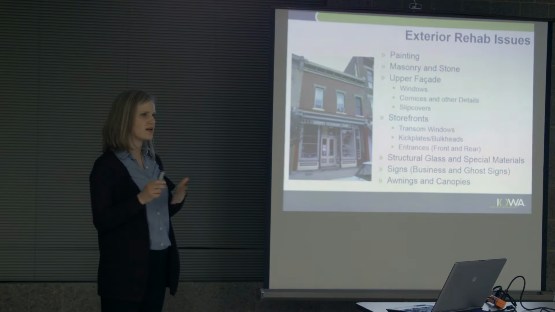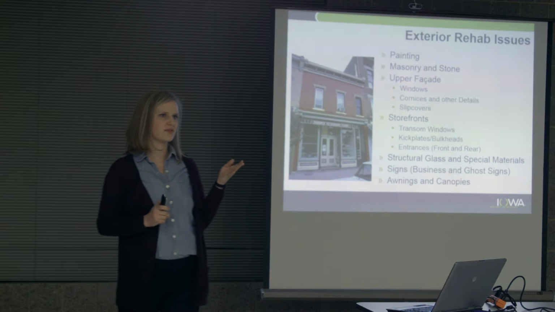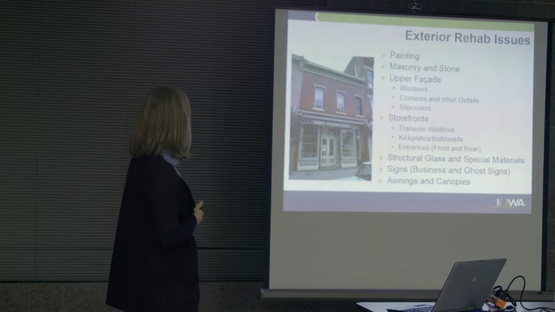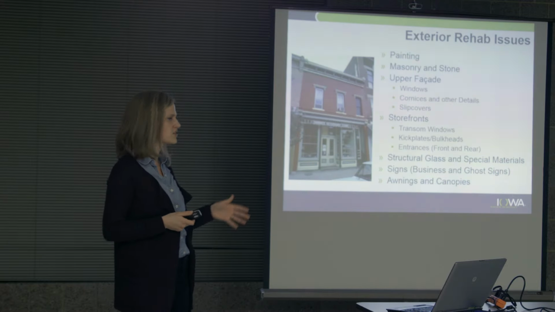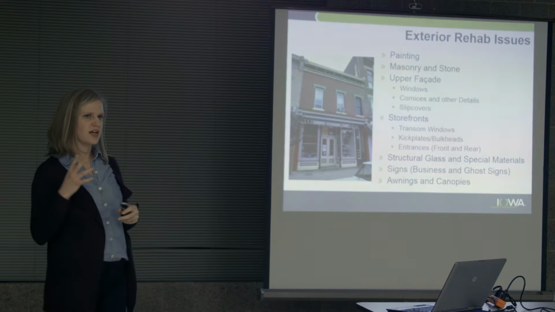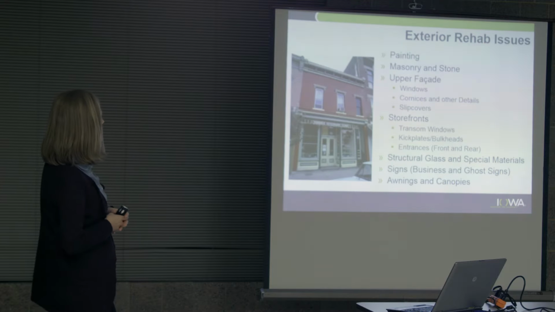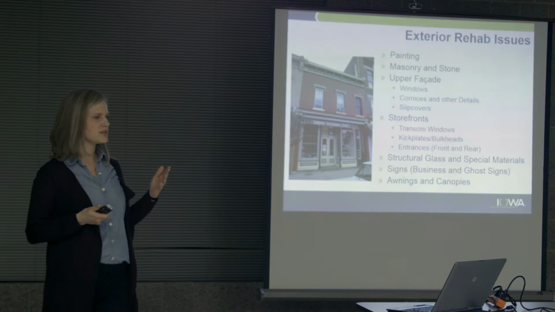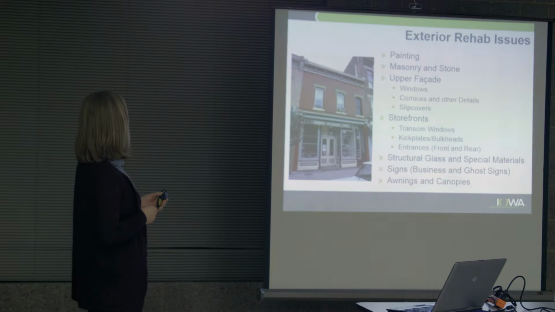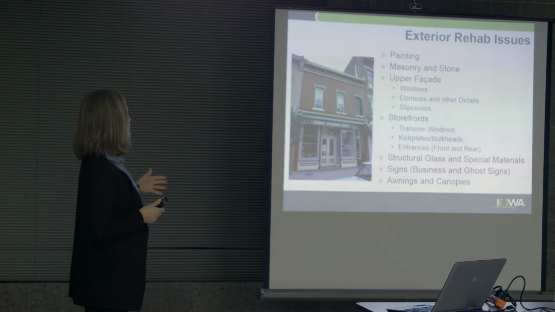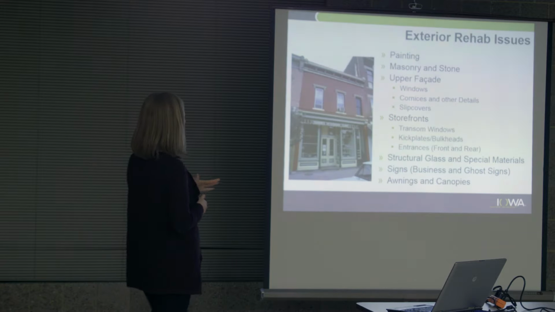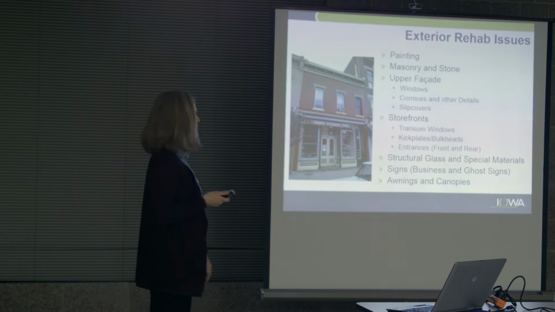We've talked about how maintenance is foremost for your buildings and keeping that up. We'll look at upper facade problems. There are a lot of window alterations, cornices that have been removed or damaged, slip covers that have been put on buildings. And then we'll look at some issues specific to the storefronts and how those have been altered. We'll look at some other materials, signs, and some awnings and canopies.